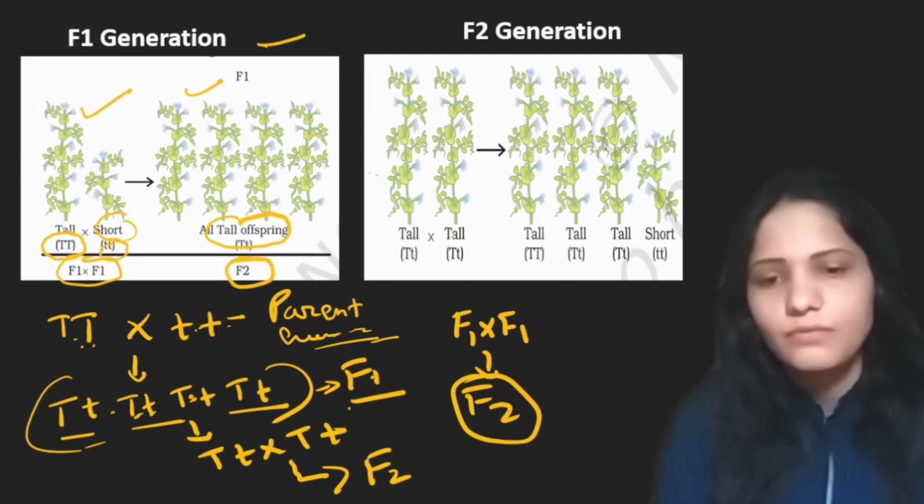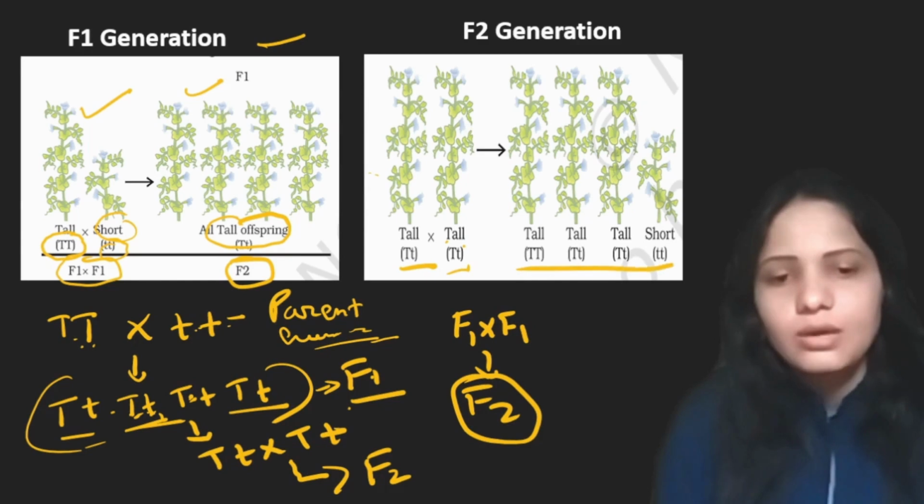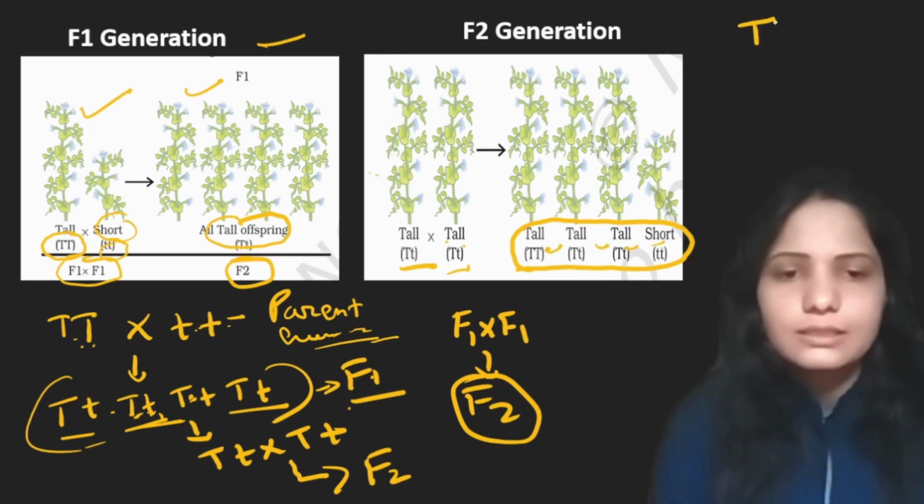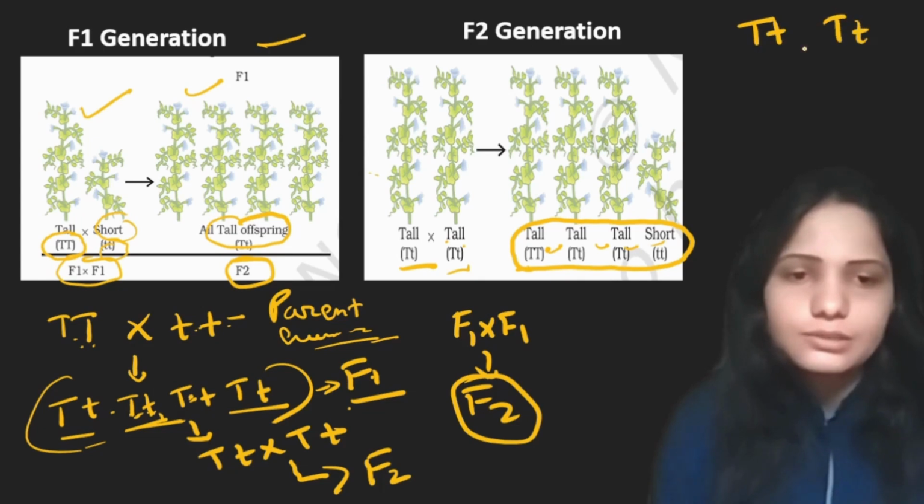Now in case of F2 generation, here we have this situation: capital T small t, capital T small t, and these are the result of the second generation. These are the offspring of the second generation. Capital T, small t, capital T, small t. How did we get these? Capital T, small t.